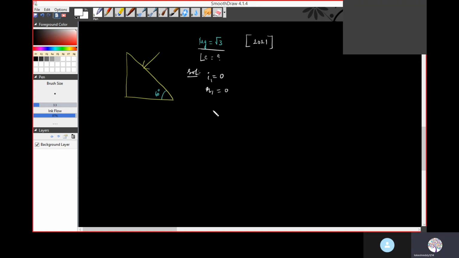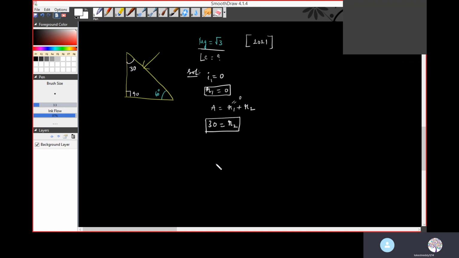First of all, A is equal to R1 plus R2. Here this is 60, so this is 90. The apex angle is 30. So 30 is equal to R1 plus R2, and putting R1 as 0, you get R2 as 30.